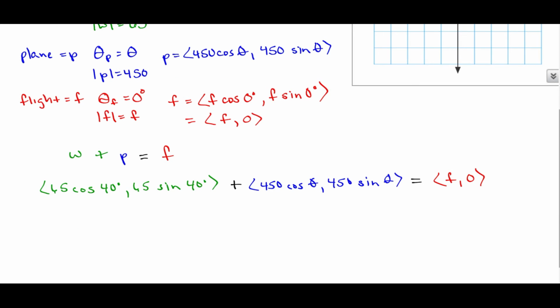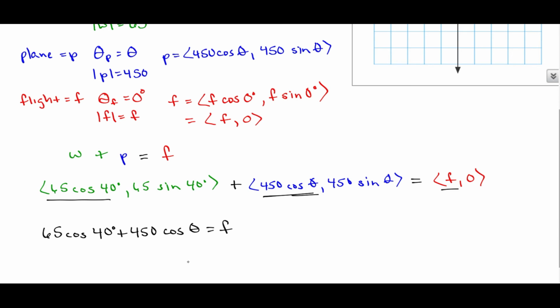So now taking all of my horizontal components, we're going to get 65 cosine of 40 degrees plus 450 cosine of theta equals F.